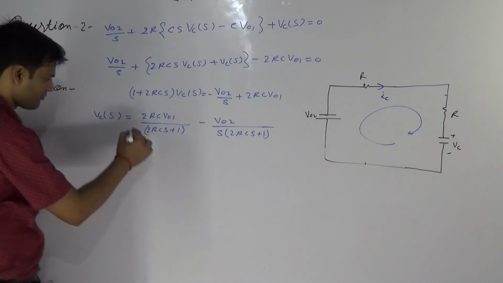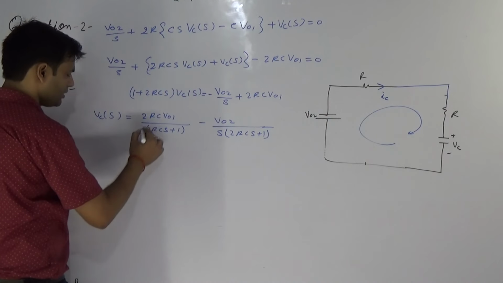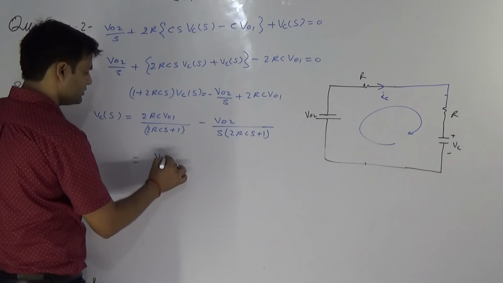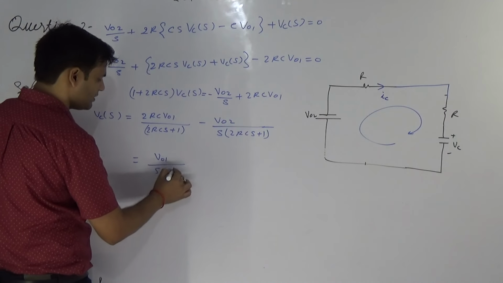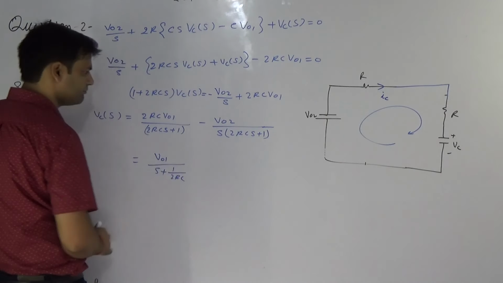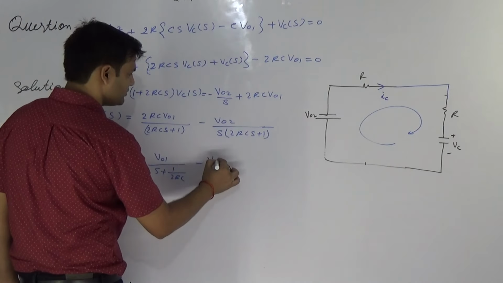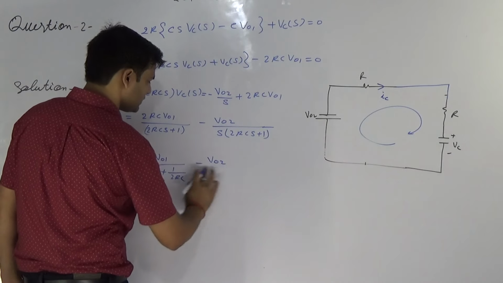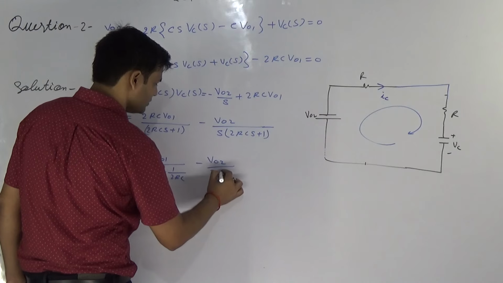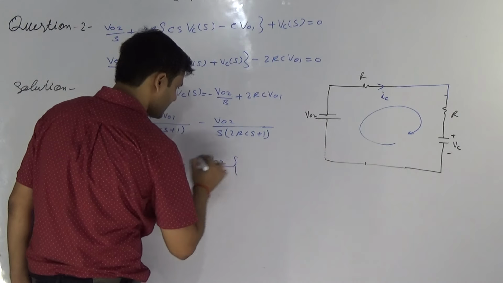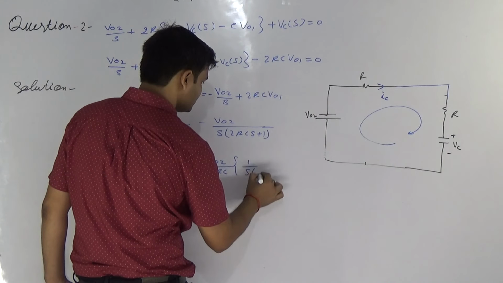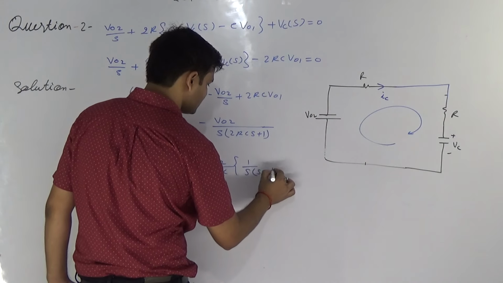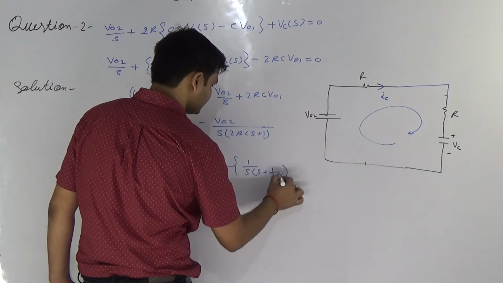Now look, V01 divided by 1, S plus 1 upon 2RC minus V02, common 2RC, S plus 1 upon 2RC.